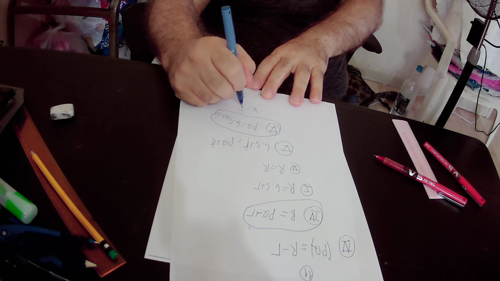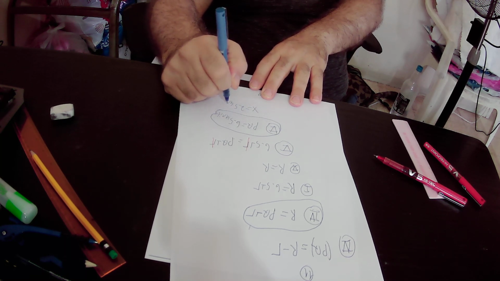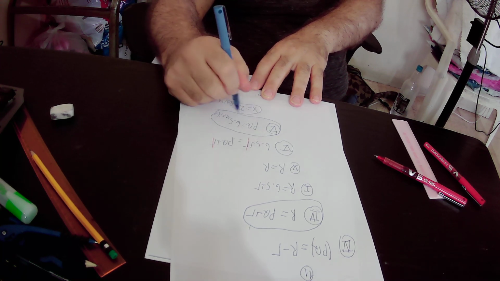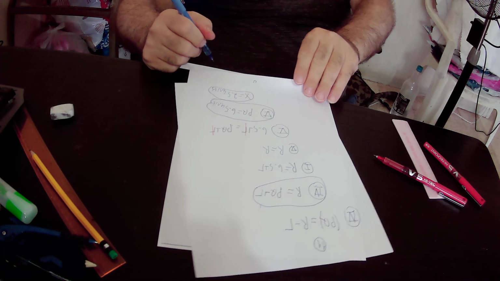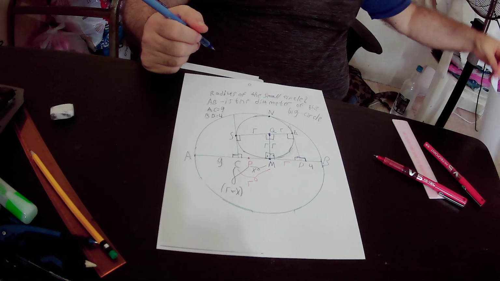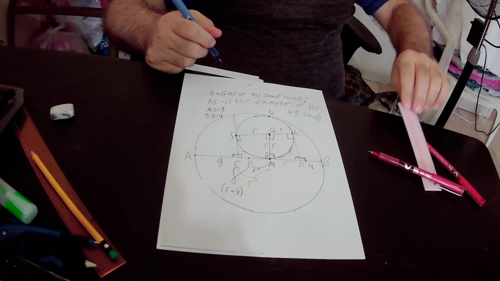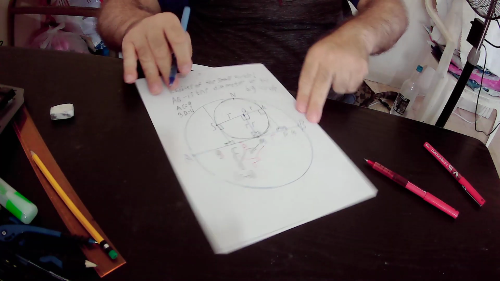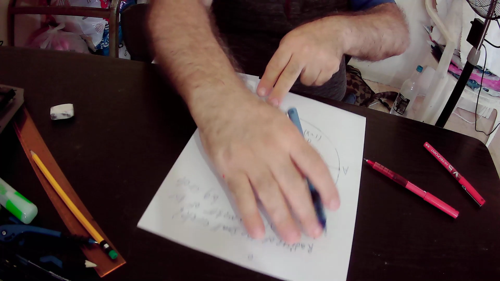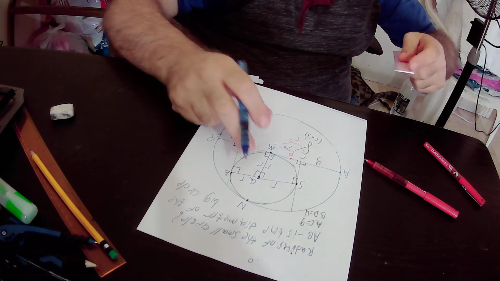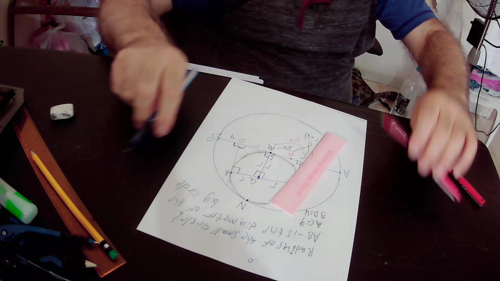X equals 2.5 units. In the next step we will connect together points P and Q by a straight line.